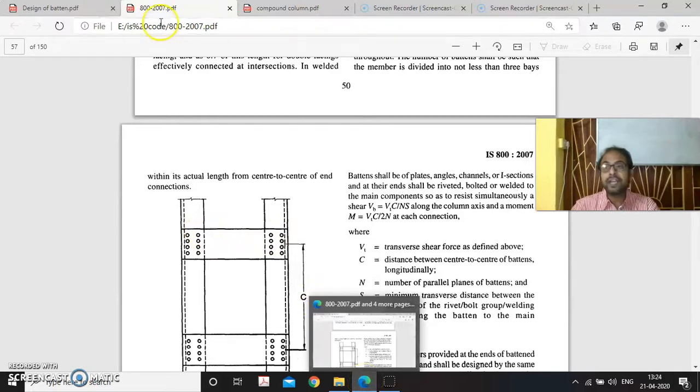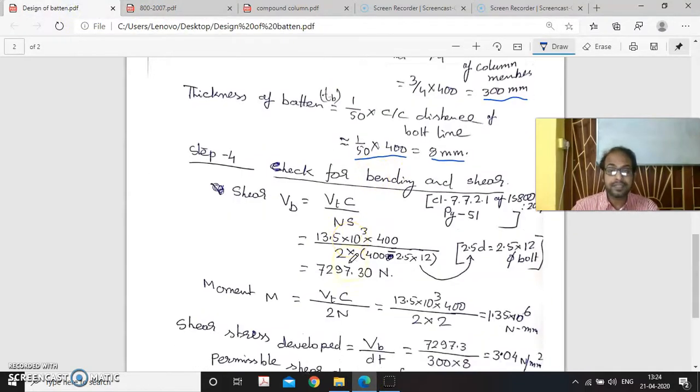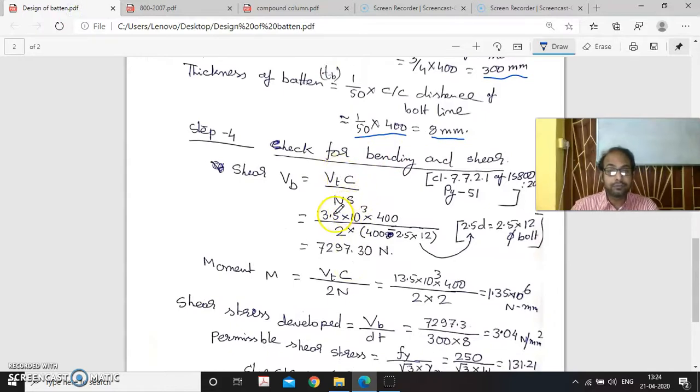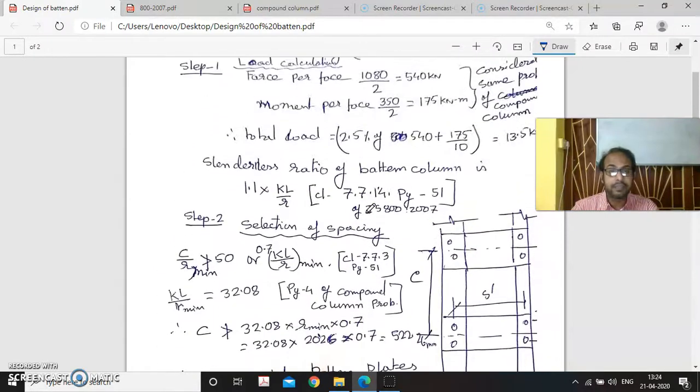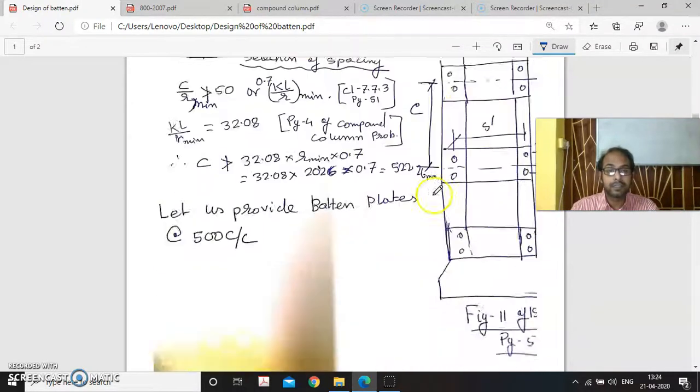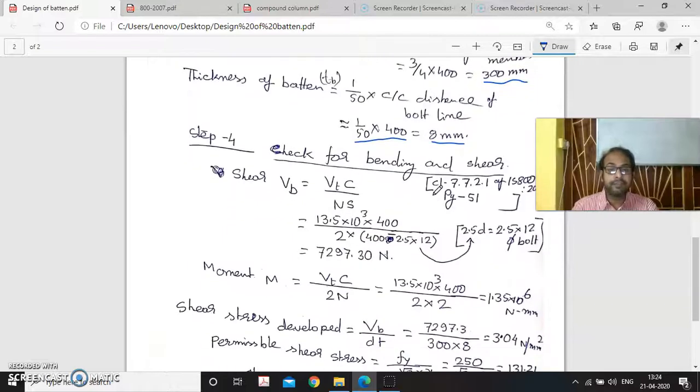So we have considered here VT equal to 13.5 into 10 to the power 3, that we have calculated here, to convert it into Newton. Now into 400, C is the 400 millimeter distance. N is 2, S is equal to 400, the center to center distance, minus 2.5 D. Here I have referred to it because one bolt distance will be subtracted.